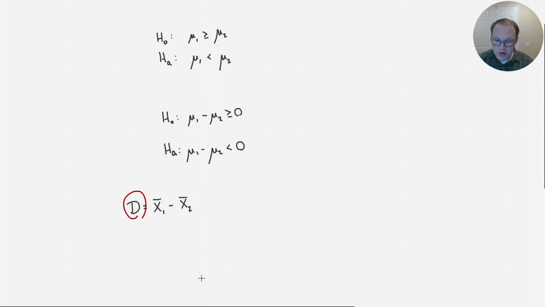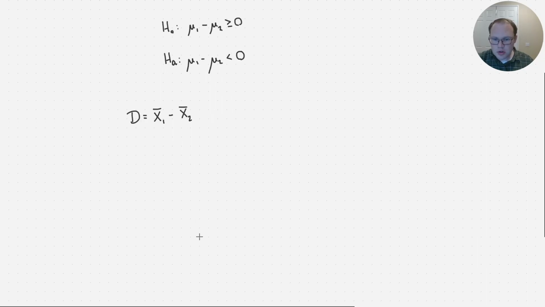Let's call this new variable d. By looking at this as only one variable instead of two distinct variables, we're able to use only one sampling distribution.